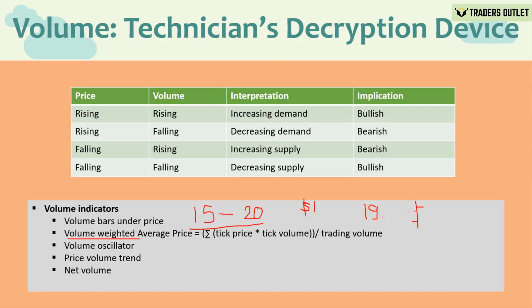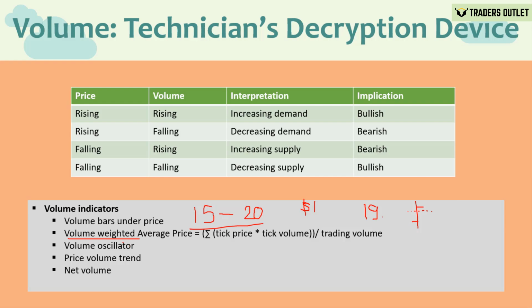But if my weighted average price is somewhere like here, $19, it tells me about price discovery: the market participants believe that the price is more accurate when it is $20 than when it was $15. So this volume weighted average price helps me in price discovery and getting a conviction about what price is more acceptable between this $15 to $20 range. So that is volume weighted price.